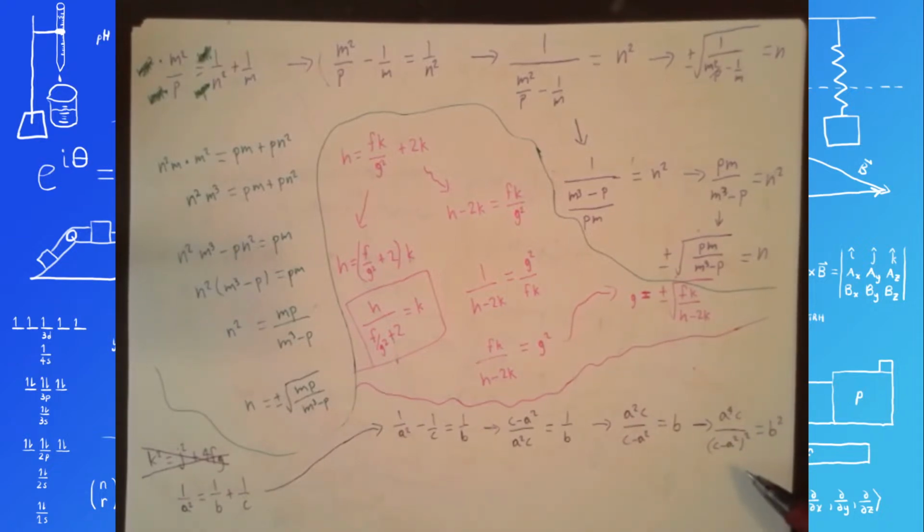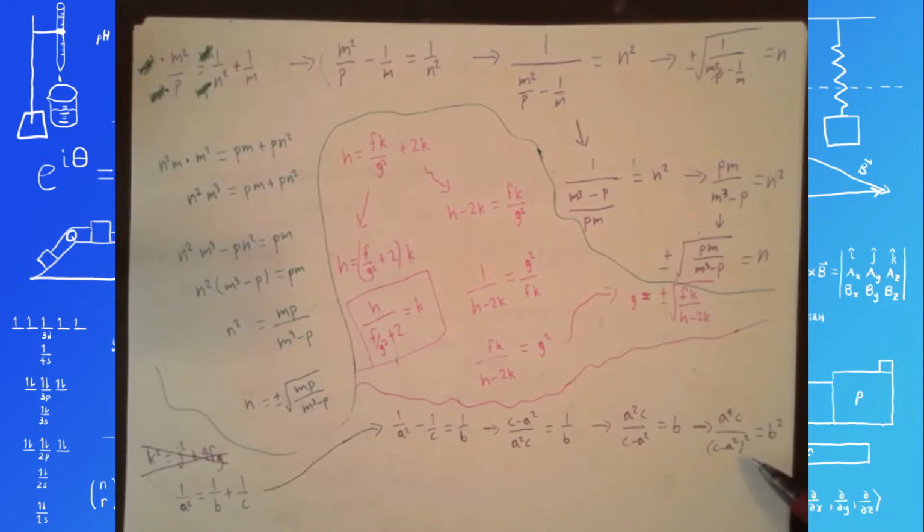Whether or not you should FOIL this into c squared minus 2a squared c plus a to the fourth really depends on what it is you're trying to do in your physics problem. It might be better to just leave it like this in the parentheses instead. So there may be one extra step here depending on whether or not it is worthwhile for you to FOIL.